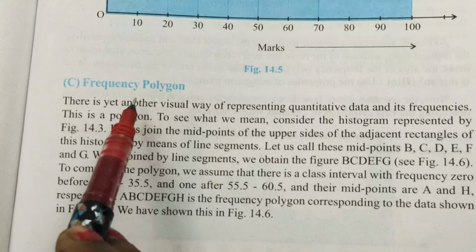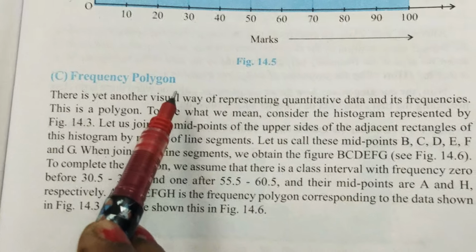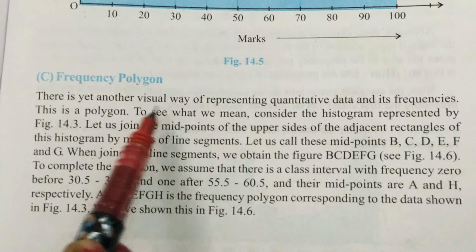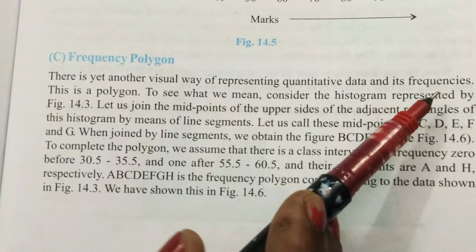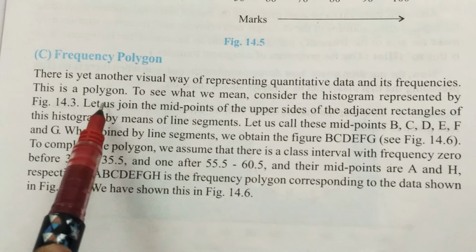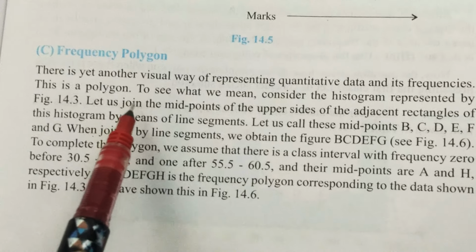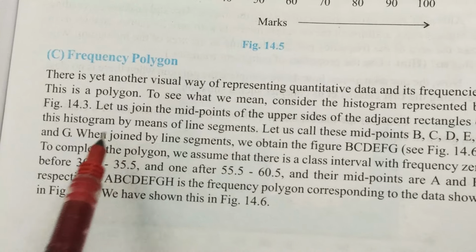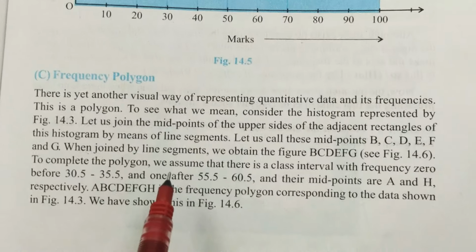Now the third type of graphical representation is the frequency polygon. There is yet another visual way of representing quantitative data and its frequencies. This is a polygon. For this, let us go back to the previous example which we had done just now to draw the histogram.